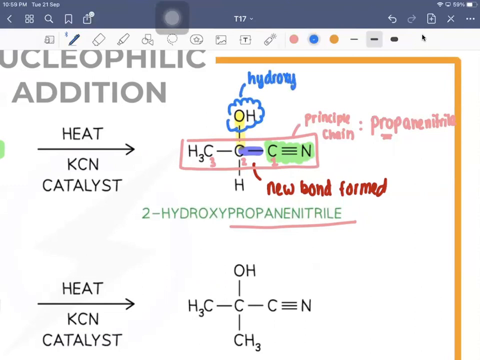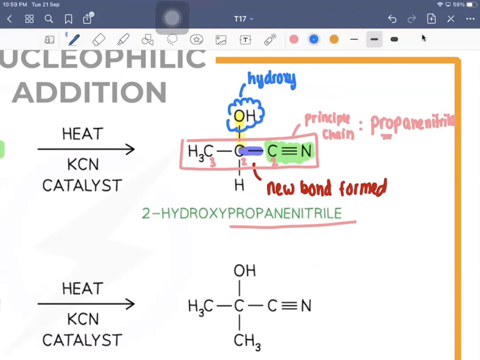Why is it not alcohol? Well, now the nitrile wins over the alcohol, so we don't call this an ethanol or something. We want a principal chain with the longest carbon atom.